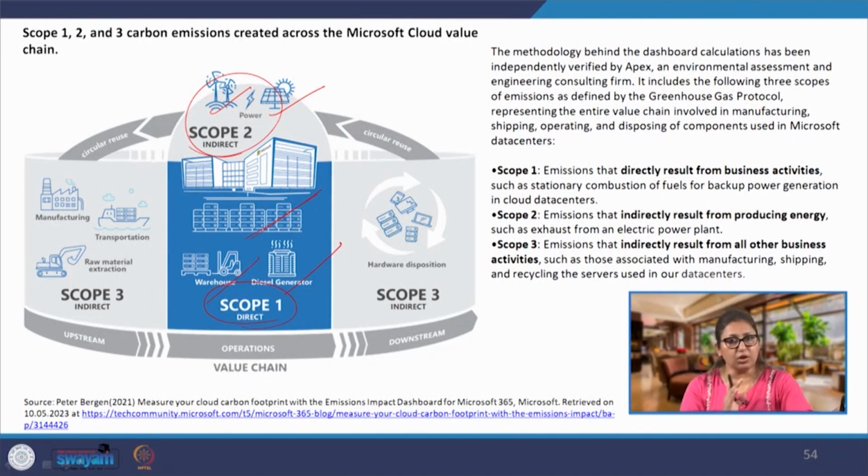Computers, a lot of computers are there which consume electricity. All that is part of your scope 2 emissions, the electricity that is consumed. So, any reduction in this electricity consumed will result in scope 2 emission reduction. And then scope 3, we have upstream and downstream both.